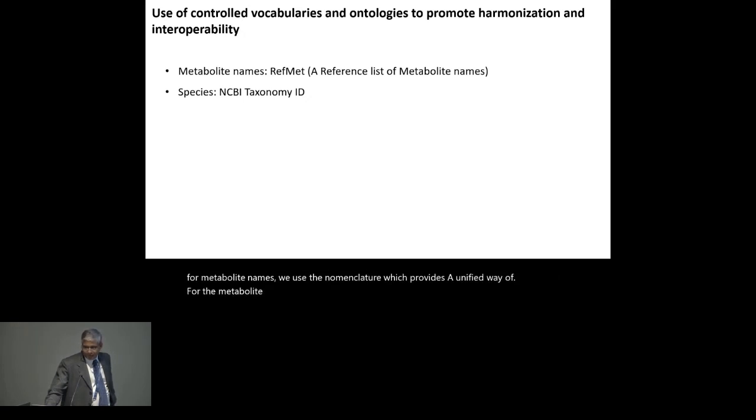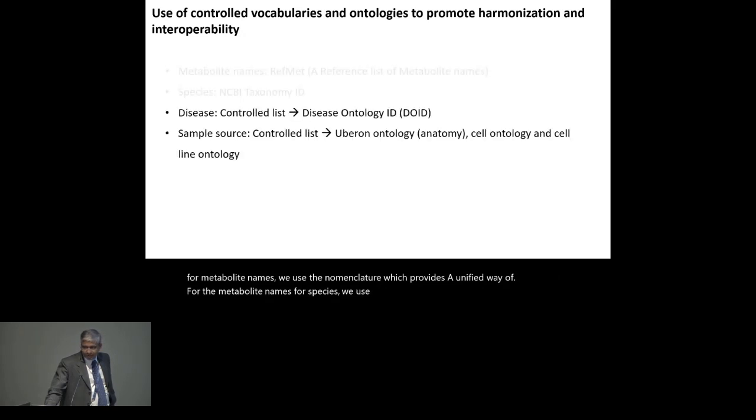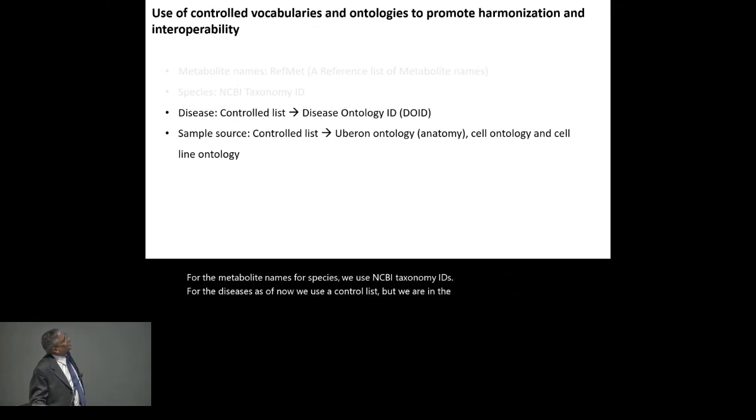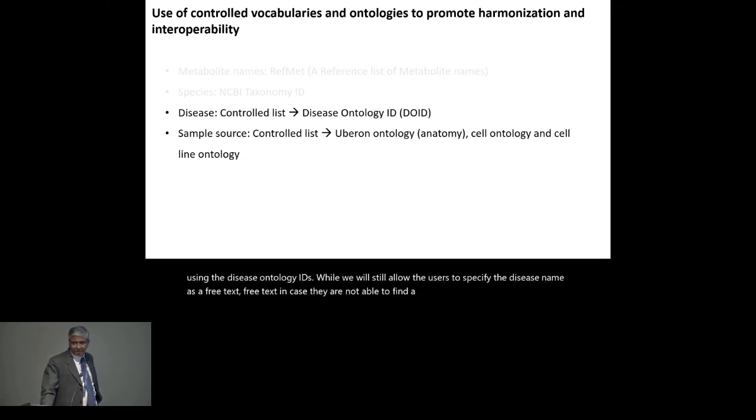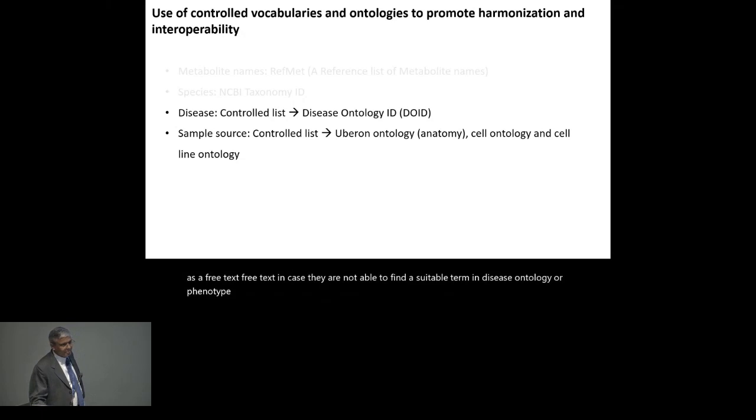For species, we use NCBI taxonomy IDs. For the diseases, as of now, we use a controlled list, but we are in the process of transitioning to using disease ontology IDs. While we will still allow the users to specify the disease name as free text, in case they are not able to find a suitable term in disease ontology or phenotype ontology.